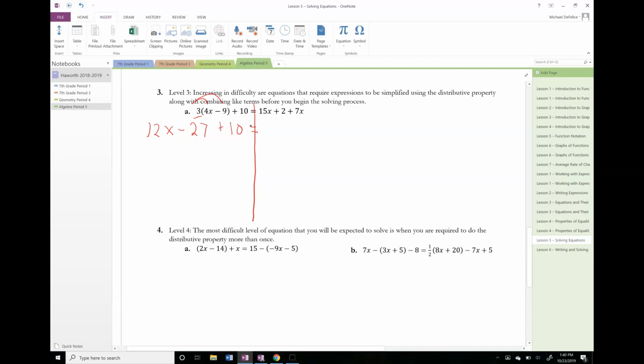And then on the right-hand side, I have just two terms that I can combine because they're like terms. I can combine the 15x with the 7x, and that's going to make 22x, and I still have my plus 2.